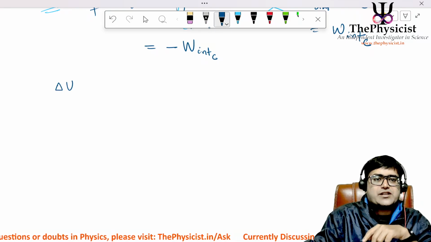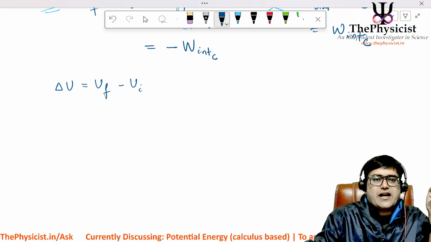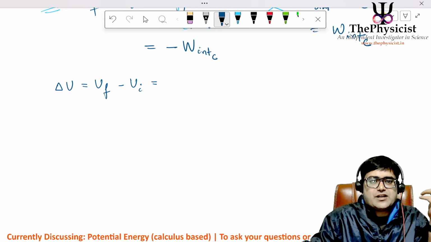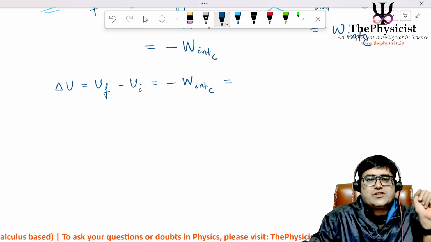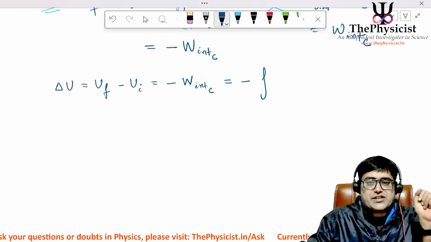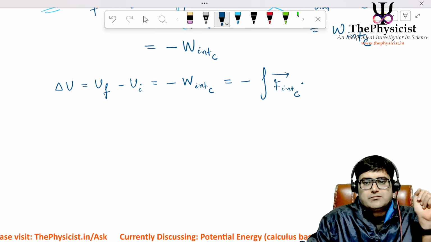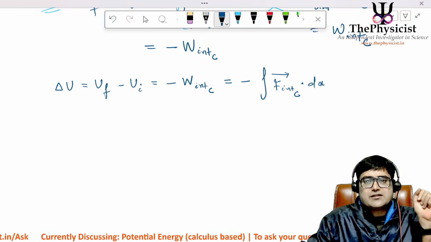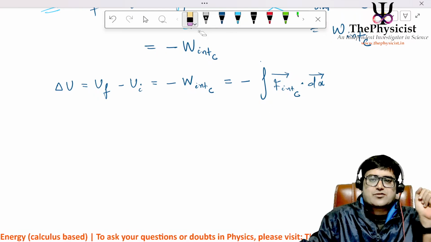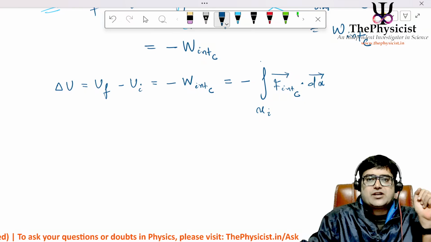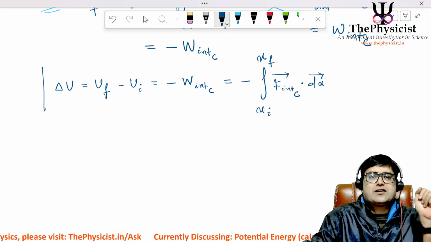The change in potential energy in every system is the final potential energy minus the initial potential energy, which is negative of the work done by the internal conservative force, which in essence is equal to negative of the integration of F internal conservative dot dx from x initial to x final.